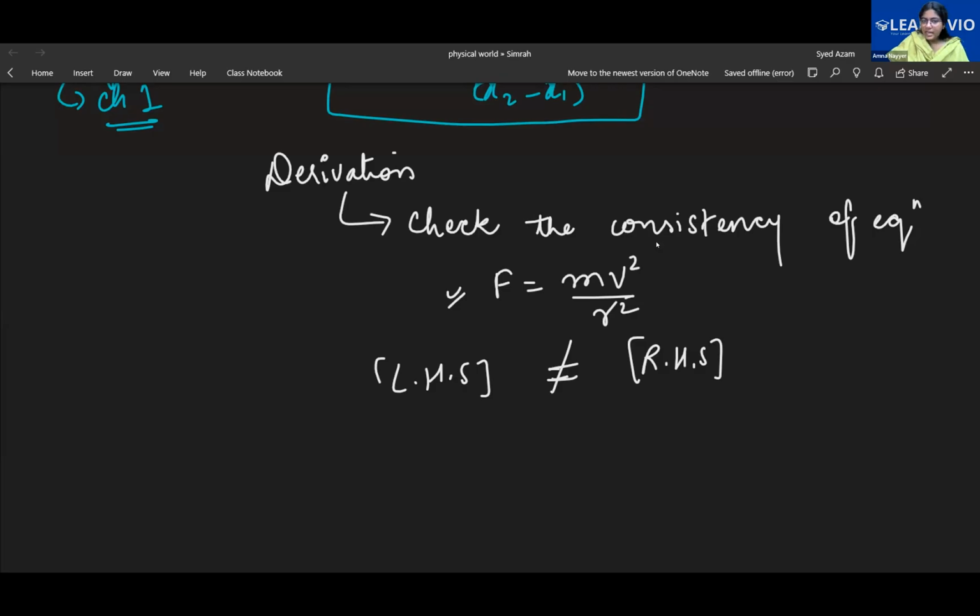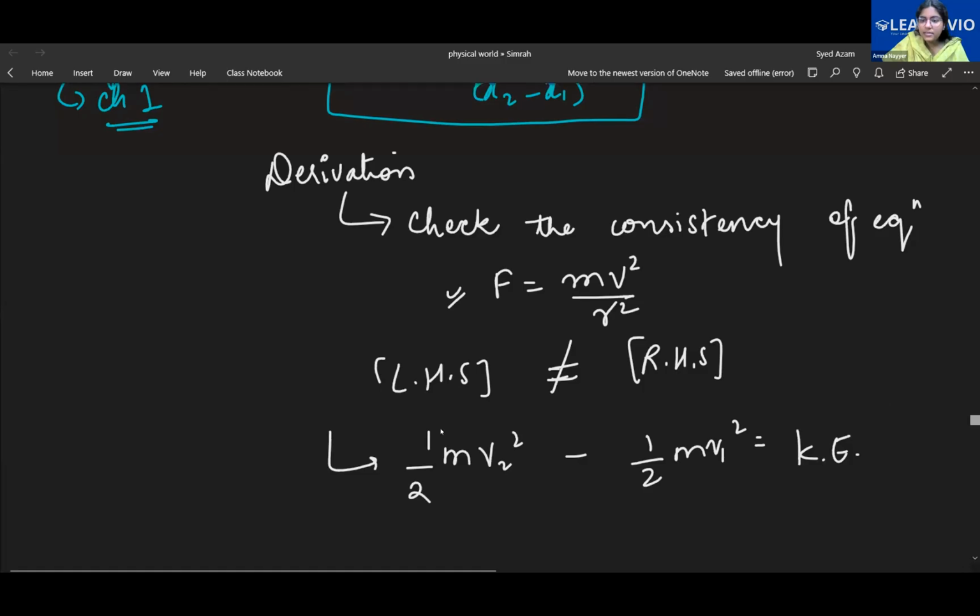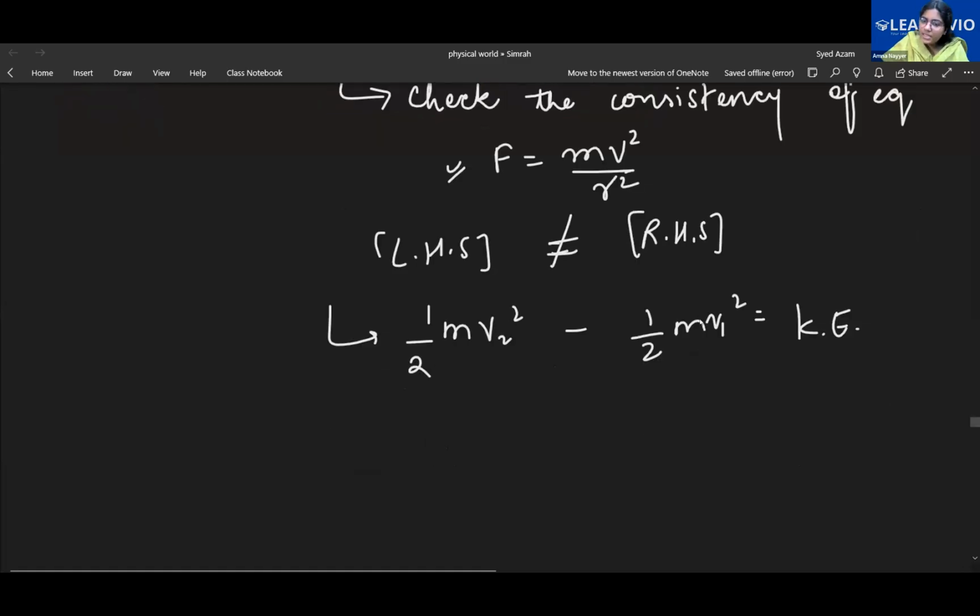If I give you equations like this, half mv2 square minus half mv1 square is equal to kinetic energy. In this case, don't subtract these two. Apply your principle of homogeneity only. You're not subtracting, you're not using maths here. This dimension will be equal to this dimension, which will be equal to this dimension only.